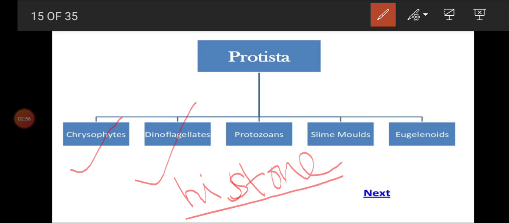When you come to grade 12, you will learn a chapter on biotechnology, and in grade 11 there is a chapter on the cell, and you will learn biomolecules. In that I will give a detailed account of the structure of histone protein, but for now, to understand why dinoflagellates are not kept under chrysophytes, it is because dinoflagellates don't have histone proteins.